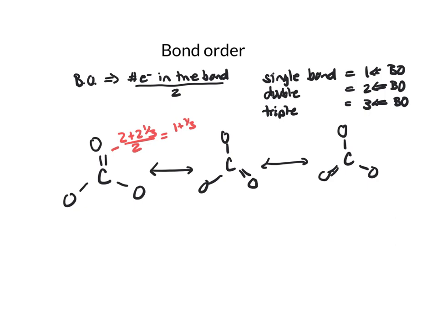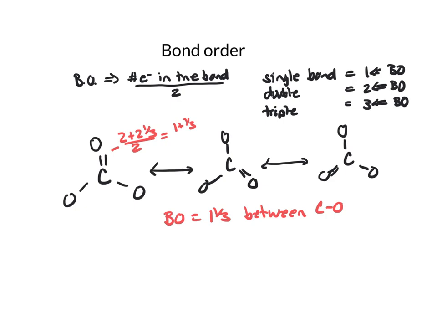So the bond order is 1 and 1/3, and it will be the same for each carbon and oxygen bond. This one is 1 and 1/3, and this one is 1 and 1/3, because these are 3 equivalent resonance structures that describe a single structure for the carbonate anion. So in this case, I would say that the bond order is 1 and 1/3 between each carbon and oxygen in this carbonate anion.